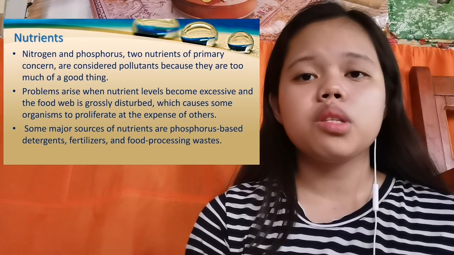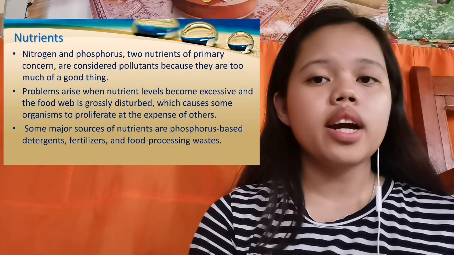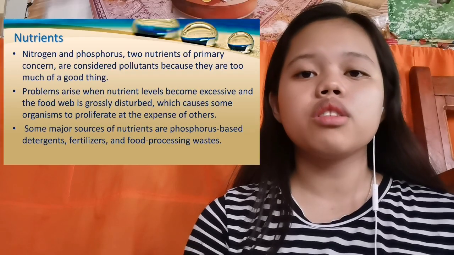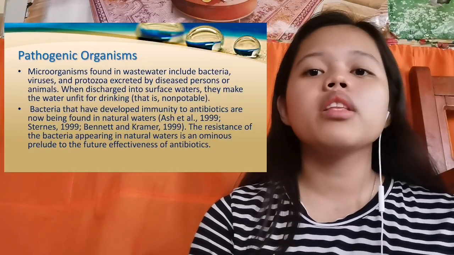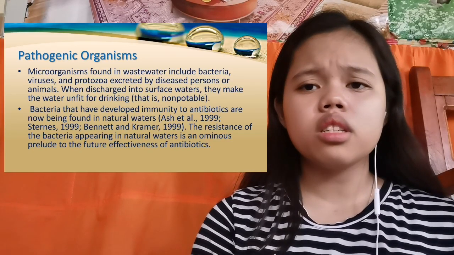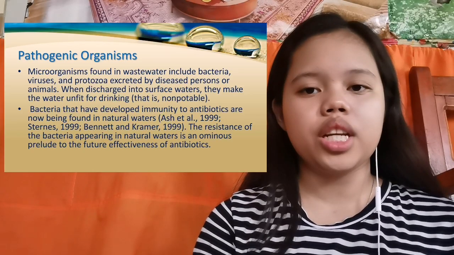Pathogenic organisms. Microorganisms found in wastewater include bacteria, viruses, and protozoa excreted by diseased persons or animals. When discharged into surface water, they make the water unfit for drinking. If the concentration of pathogens is sufficiently high, the water may also be unsafe for swimming and fishing.